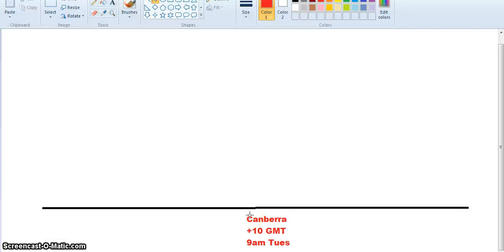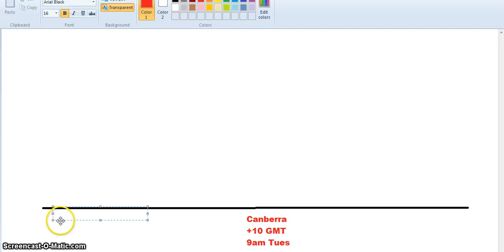Okay, so here we have our diagram to help us work out what the local time is in Rio de Janeiro. It is 3 hours behind Greenwich Mean Time, so we can write that in straight away.